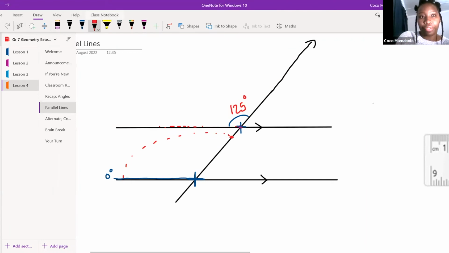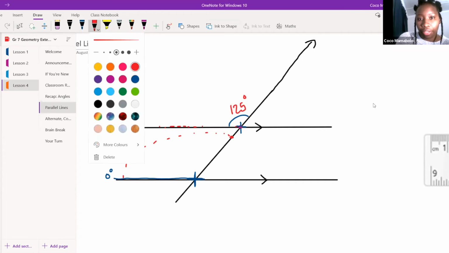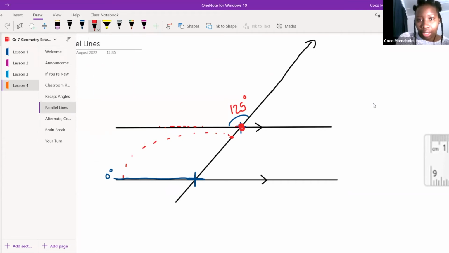So the first time you put it on this dot here. Yes. Okay, and now I need you to put it at the dot at the bottom. And then I need you to measure with the protractor.